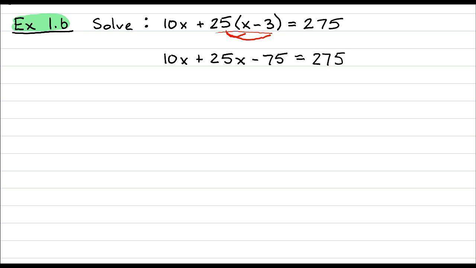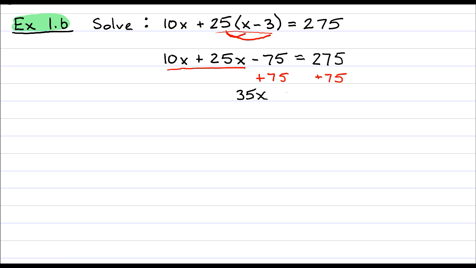Okay, so now I'm going to do sort of 2 steps at once. I'm going to combine this 10x plus 25x, which is going to give me 35x. But I'm also going to add 75 to both sides of the equation so that I can get rid of the 75 on the left-hand side. When I carry that out, on the left-hand side I'm going to be left with 35x.